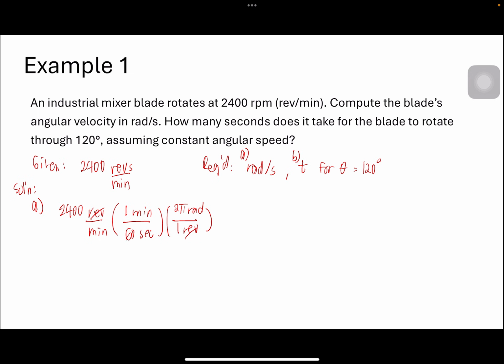So this will cancel out. You'll have radians per second, so this will be 2,400 divided by 60, which is 40, times 2 pi. So this will be 80 pi radians per second. This is your answer for the first one.